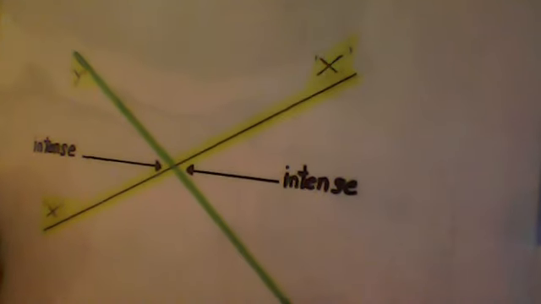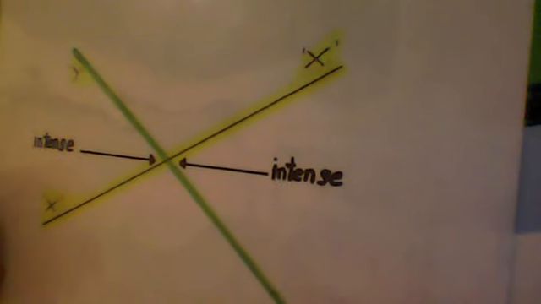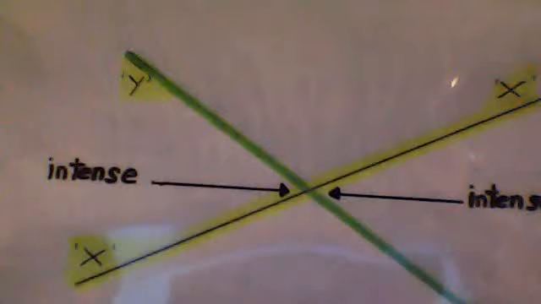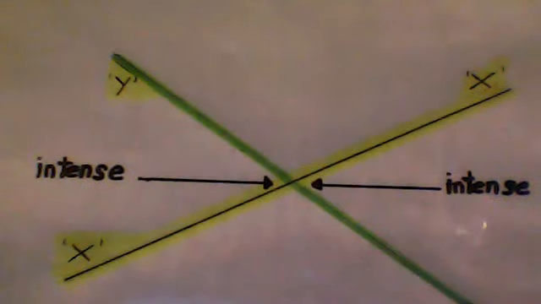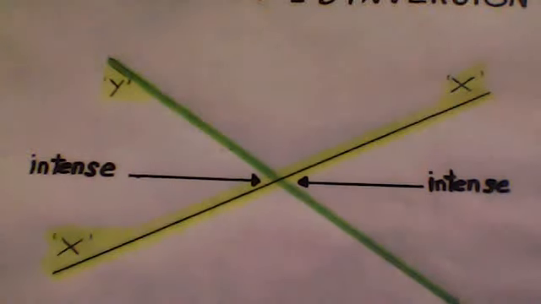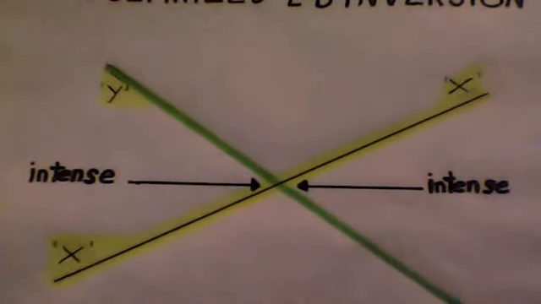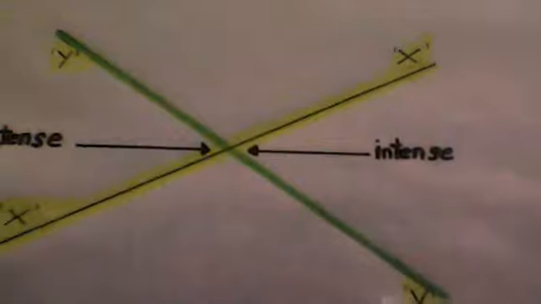So that's a 60-degree angle there where those two arrows are. That's 60 degrees, and it represents a 60-degree arc also. It represents an equilateral triangle.